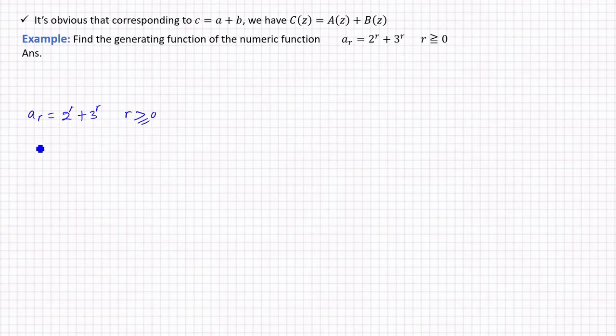Let us write this numeric function in the form of a list. Putting r = 0, 1, 2 and so on, we get 2^0 + 3^0, 2^1 + 3^1, 2^2 + 3^2, and so on, up to 2^r + 3^r, and so on.